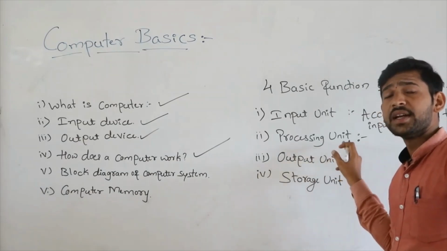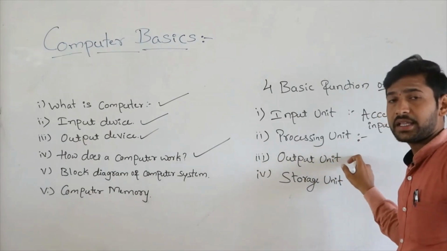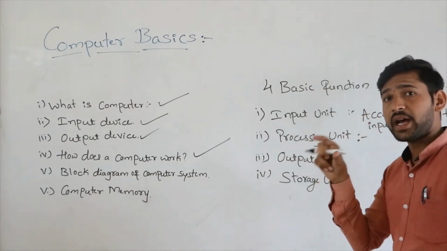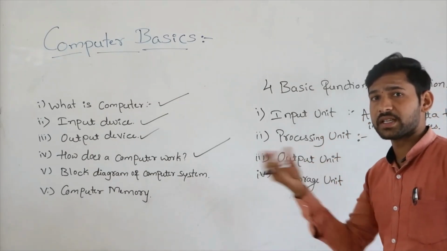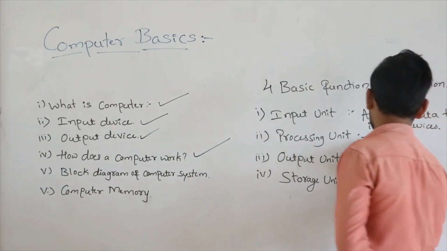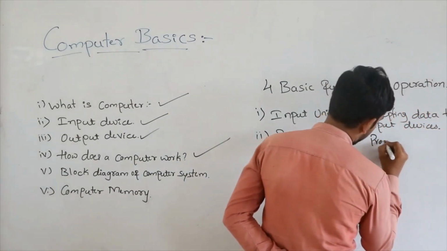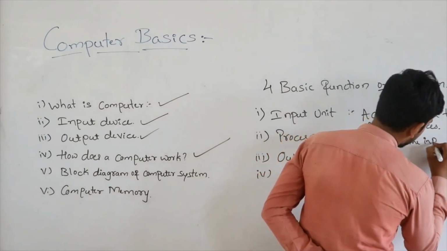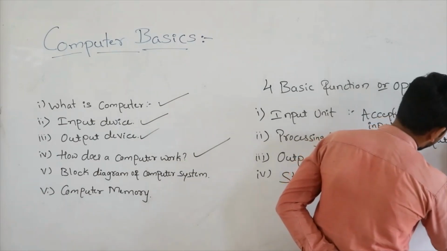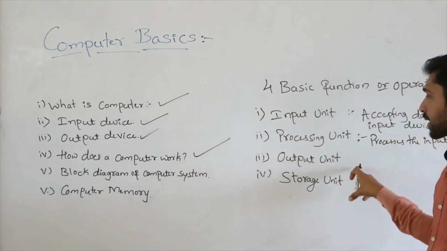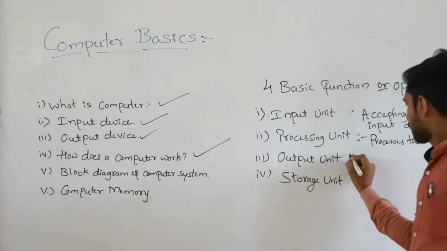It processes the input data. There are two types of processing units: the control unit and the arithmetic logic unit. We will discuss it later. Processing unit processes the input data.